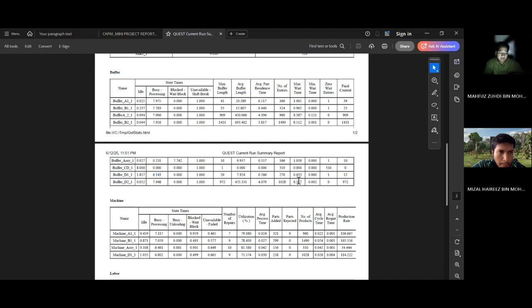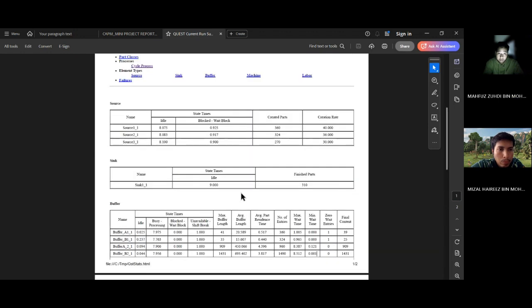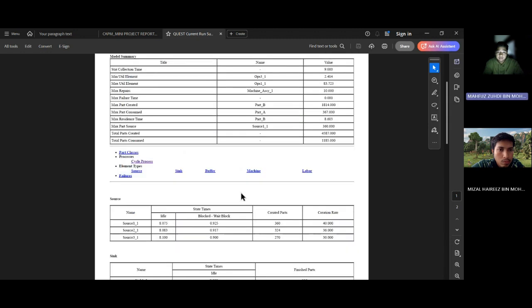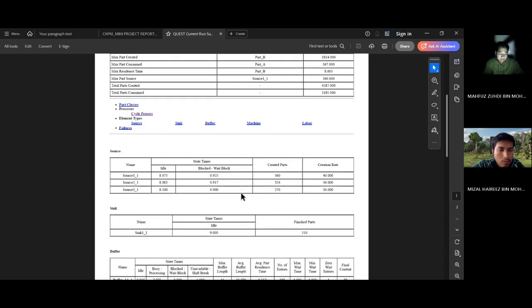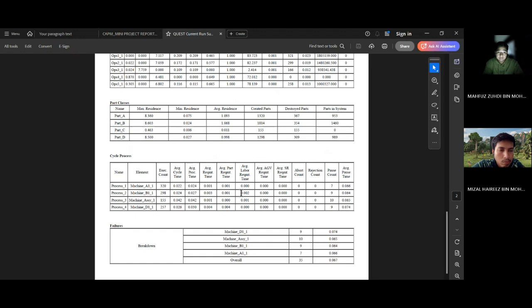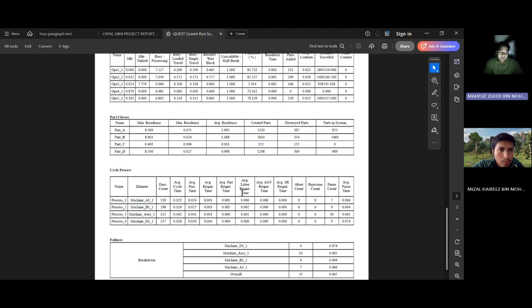So next is the work in process inventory problem at the simulation end. At the simulation end, 953 part A, 1,460 part B, and 989 part D remain in the system.